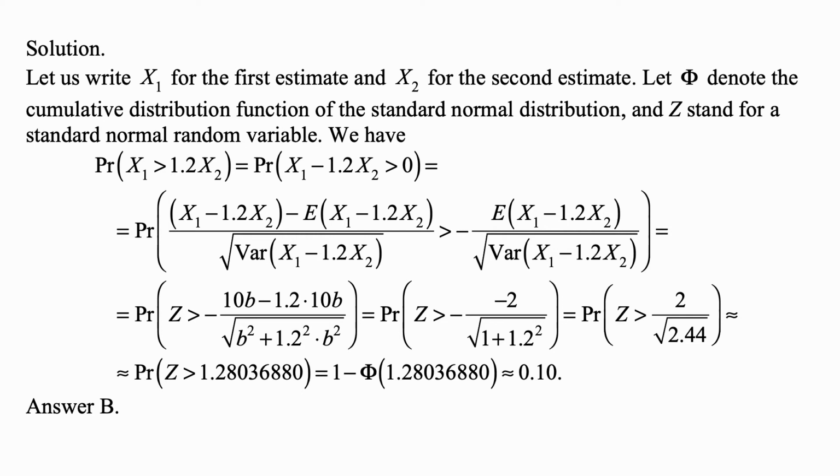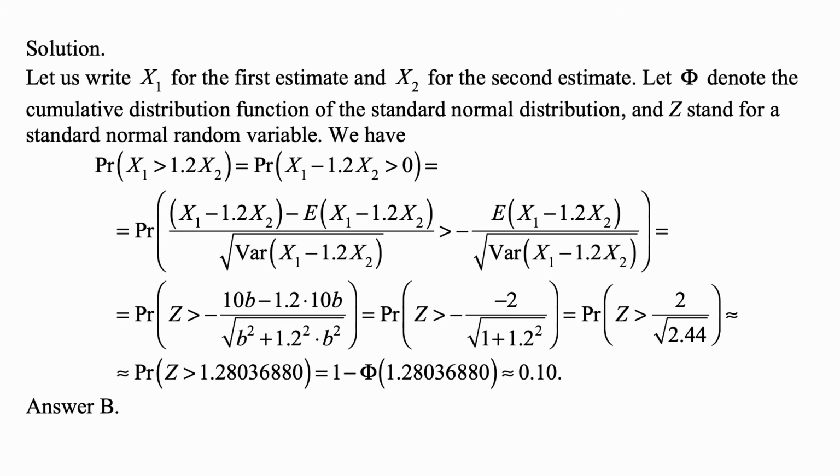And the right-hand side, well, is the mean, which is 10b minus 1.2 times 10b, because the mean of x1 and x2 is 10b, divided by the square root of the variance of x1 minus 1.2 x2, which is the variance of x1 plus 1.2 squared times the variance of x2, and both of these are b squared because the standard deviation of x1 and x2 is b.